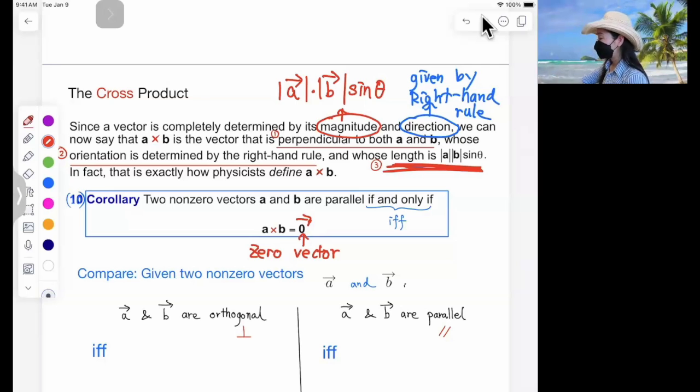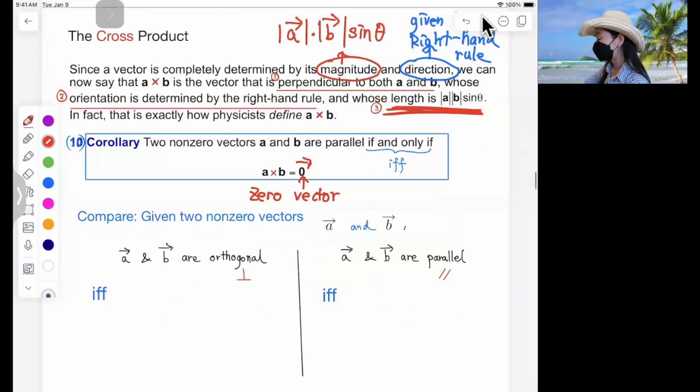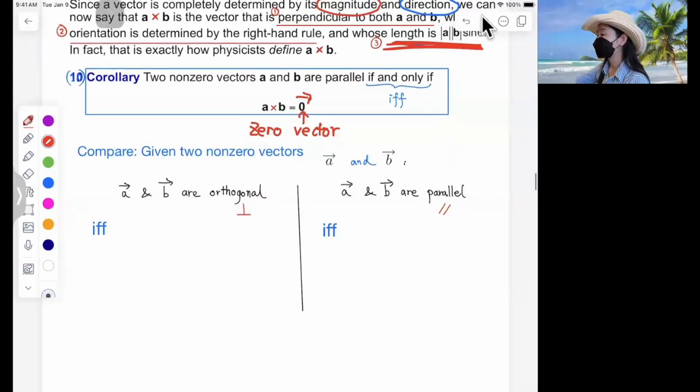Now I put it over here and compare them. The two vectors are orthogonal if and only if what? From last time, if the dot product is equal to zero. You got it.